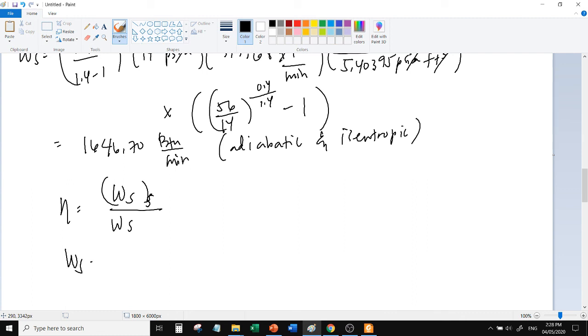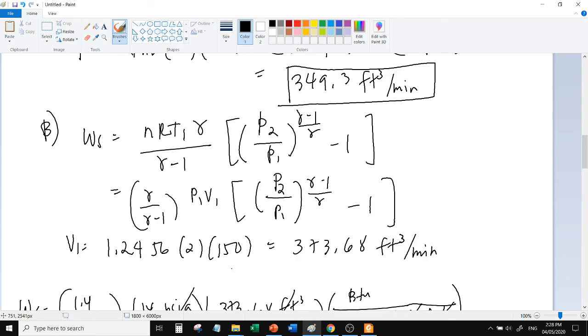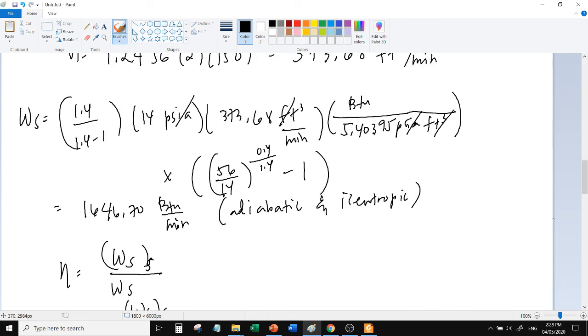So, therefore, yung work actual ay 1646.7 over 0.75 yung given na efficiency.